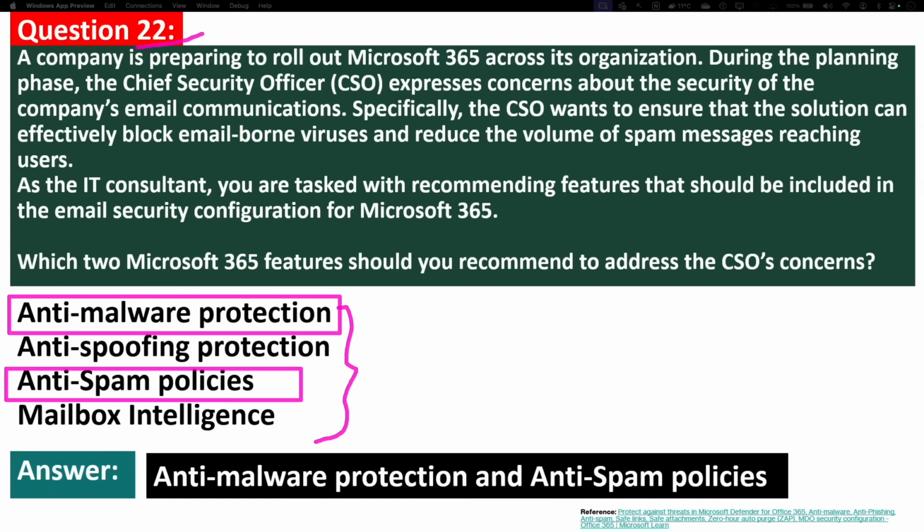Both of these are included in the exchange. So let's go through this one by one. What is anti-malware protection? Anti-malware protection is a security feature that helps detect, block, and remove malicious software from computers and networks.